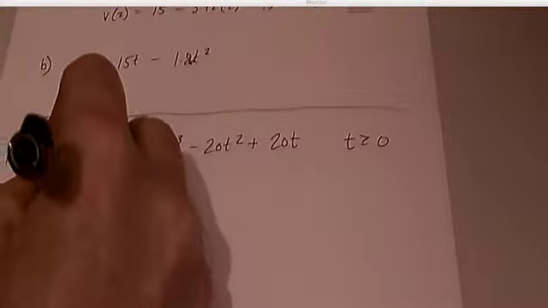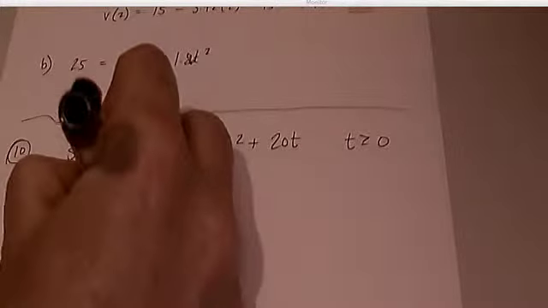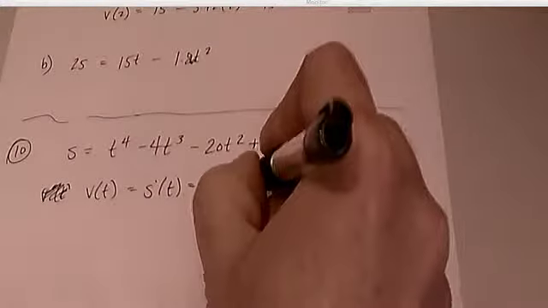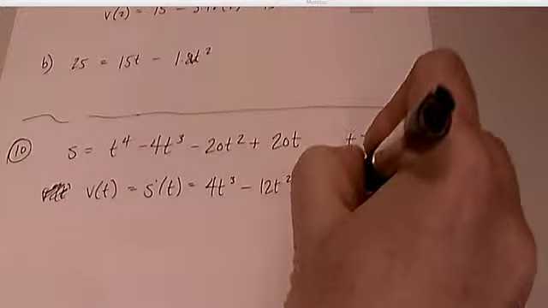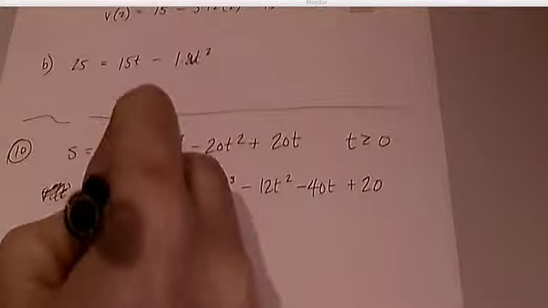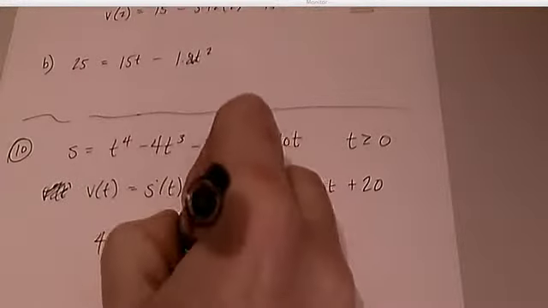In order to find the velocity, we simply have to differentiate the position function, and that's 4t cubed minus 12t squared minus 40t plus 20. And it asks, at what time does the particle have a velocity of 20 meters per second? You're like, well, that's a cubic. Well, they gave you 20 for a good reason.